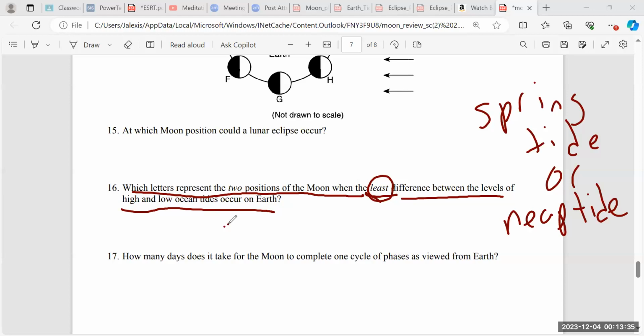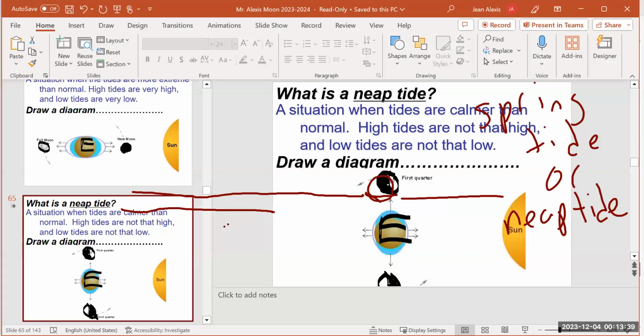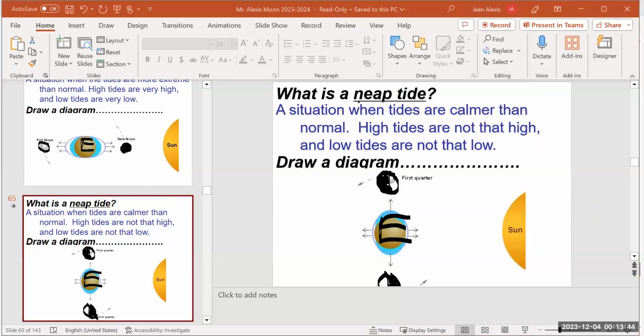If we go to our notes, the tide that has the least difference is a neap tide. Why is it a neap tide? Because it says a neap tide is a situation when tides are calmer than normal. That means high tides are not that high and low tides are not that low.